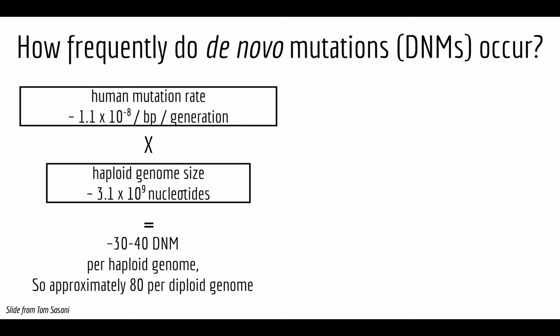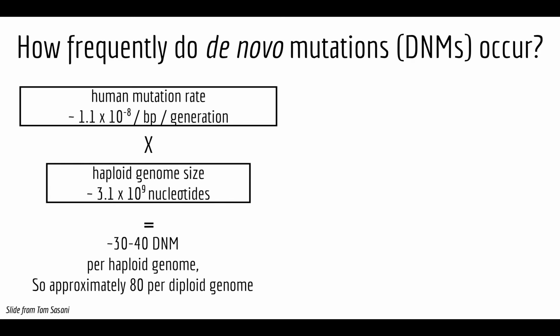Okay, so I think it's worth thinking a little bit about how frequently de novo mutations occur. So these are de novo mutations in the germline. Work in my lab and many other labs over the last 10 years have shown that essentially the human mutation rate is about 1.1 times 10 to the negative 8th per base pair per generation. That might sound a little bit cryptic, but the whole genome is 3.1 billion base pairs, so 3.1 times 10 to the 9th.